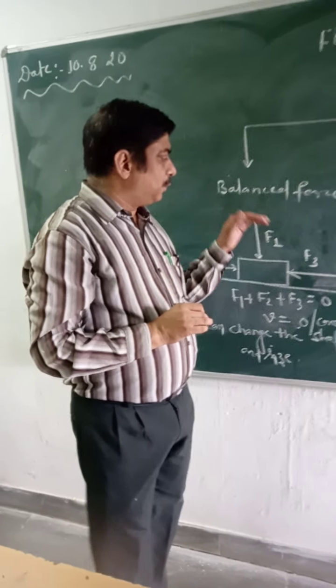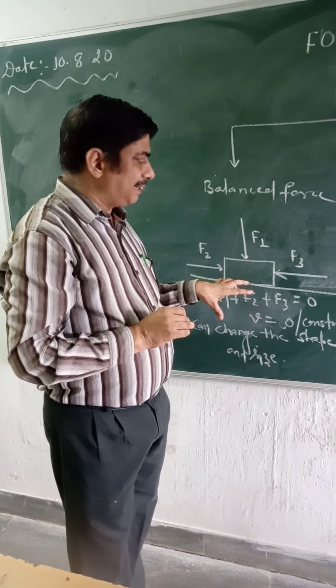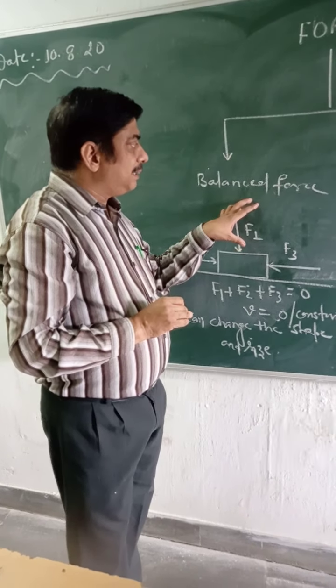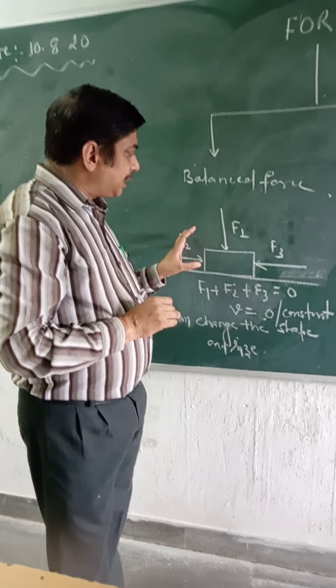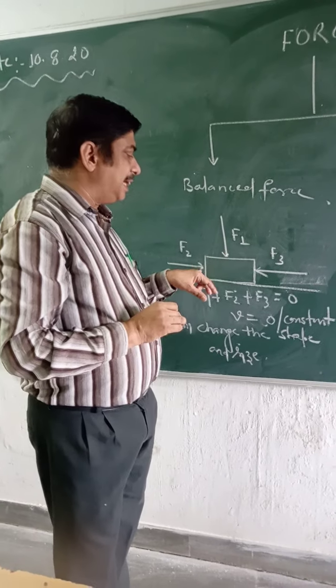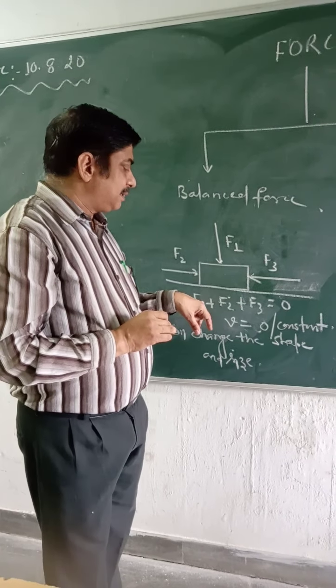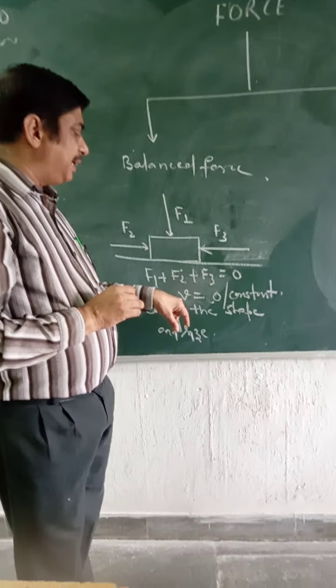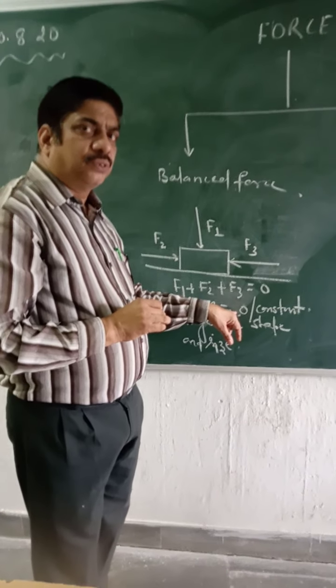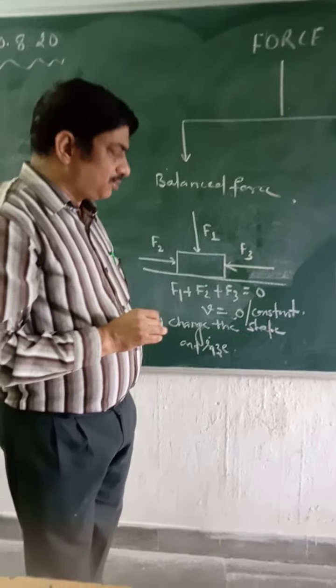Similarly, if the body is at rest, we can say that the sum of the forces acting on that particular object is equal to 0. That's why either its velocity is 0 or the velocity remains constant.